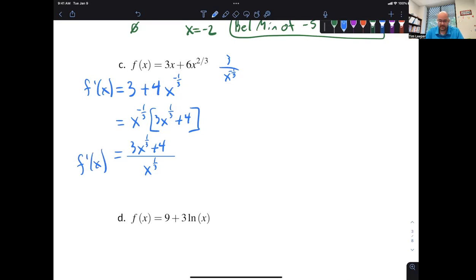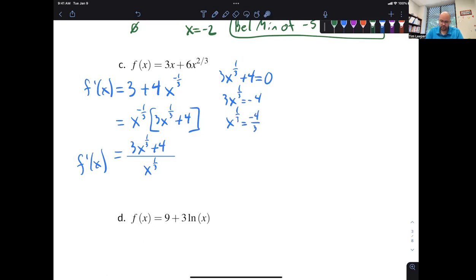Now we need to find any critical numbers that may exist. So the critical numbers come from setting both the numerator and denominator separately equal to 0. So it's going to be 3x to the 1/3 plus 4 equals 0. So subtract 4, divide by 3, it gives me x to the 1/3 equals negative 4 over 3.